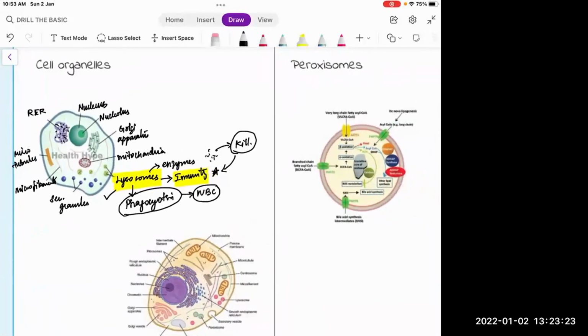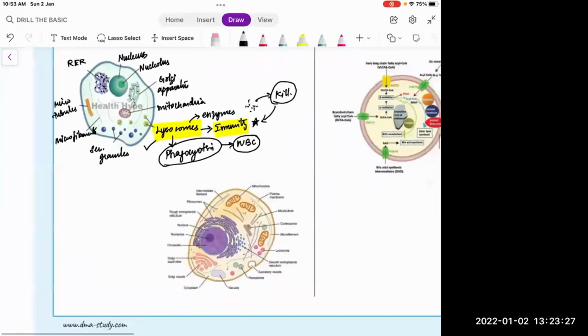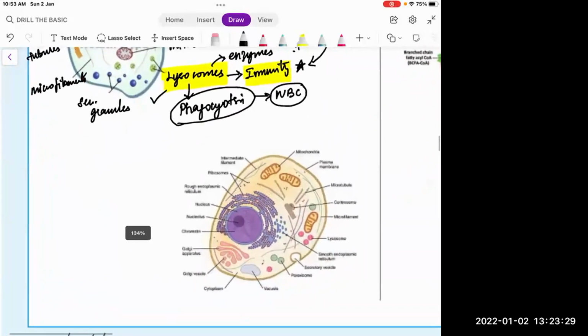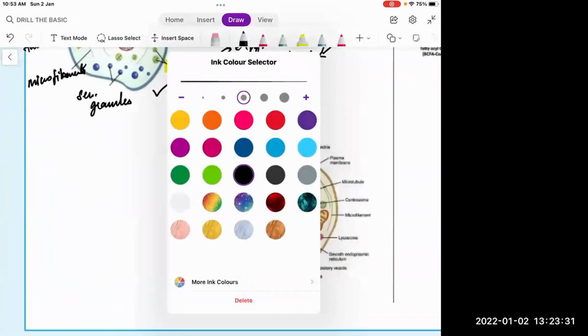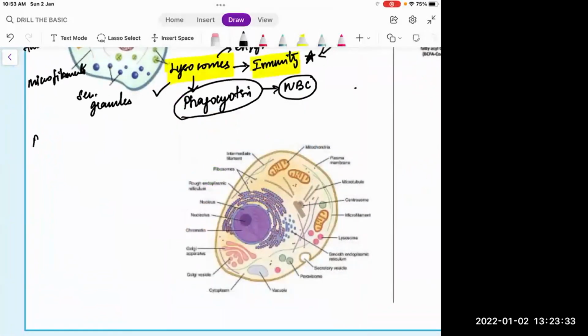Okay, now we will move on to a few more cellular organelles, and the most important one we are going to see in today's class is the rough endoplasmic reticulum. The rough endoplasmic reticulum has ribosomes in its structure, and these ribosomes are involved in protein synthesis.